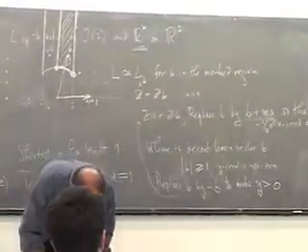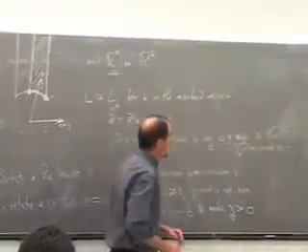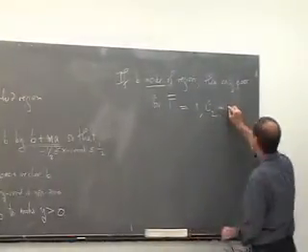And C2 just means minus the identity map.